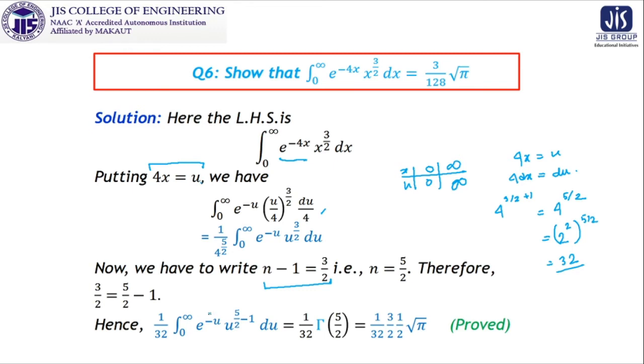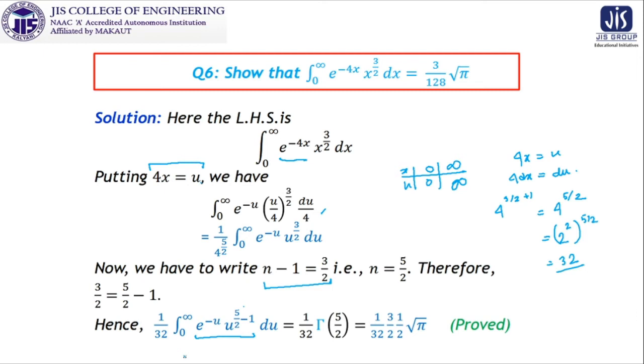So 1 by 32, then 0 to infinity e to the power minus u, u to the power 5 by 2 minus 1. Please follow this structure. e to the power minus u, u to the power 5 by 2 minus 1 is nothing but the gamma function, gamma 5 by 2.